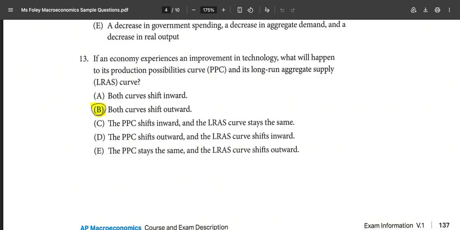Those are things that ultimately lead to economic growth. And when we have economic growth, our PPC curve will shift to the right, aka outward, and our LRAS will shift to the right. So both curves will shift outward or to the right because it's demonstrating economic growth.